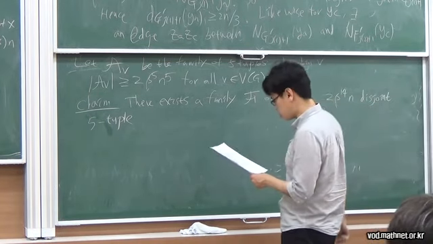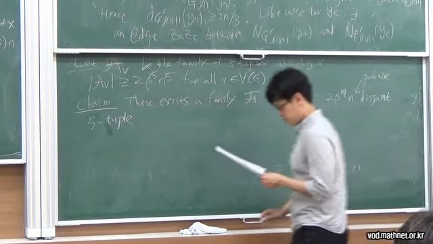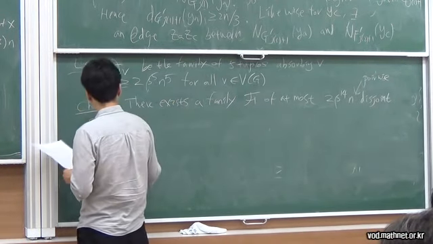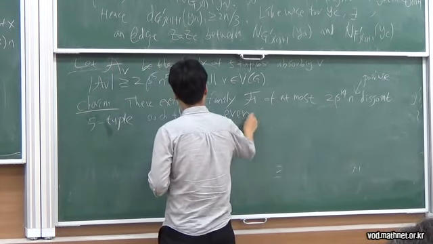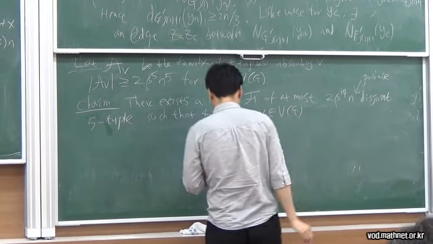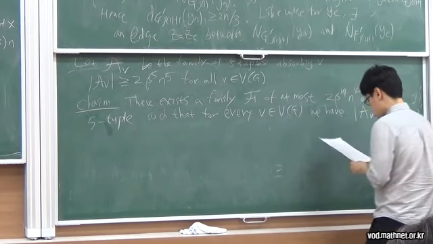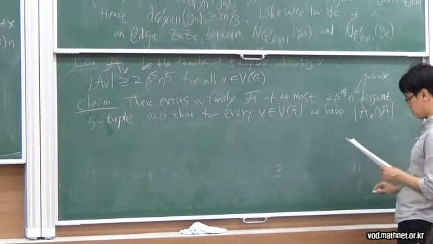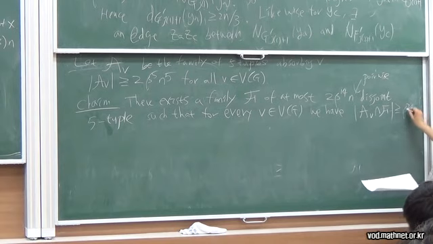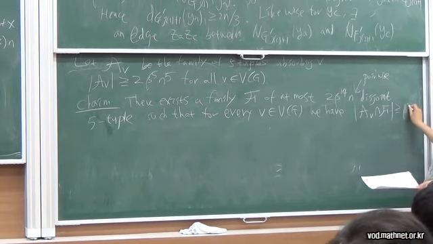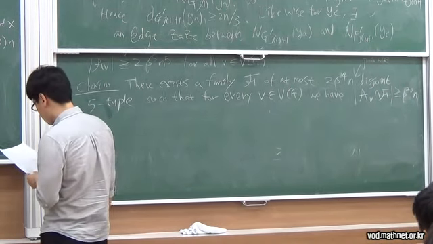So we want them to be pairwise disjoint, such that for every vertex B, the number of 5 tuples in F which observes B is at least beta to the 20n. So for each vertex, there are many 5 tuples that observe it.